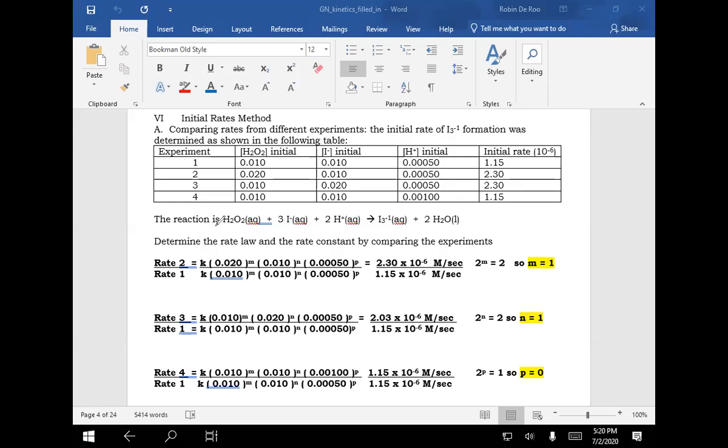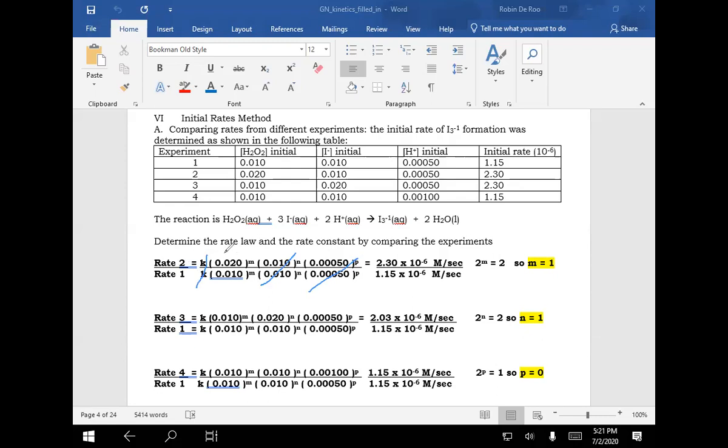So in this case, on purpose, I chose rate 2 over rate 1. And that's because if you notice that my iodide concentration is identical, and so that cancels out. My hydrogen ion concentration is identical, and that cancels out. And so also my rate constants cancel out.